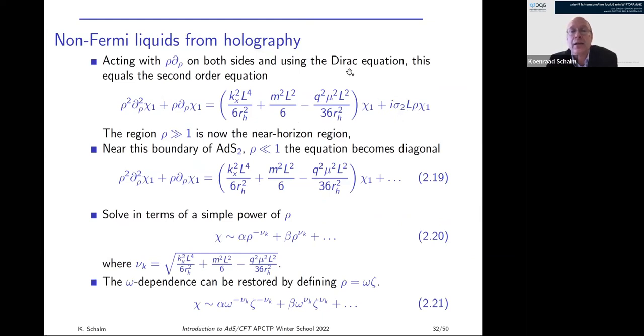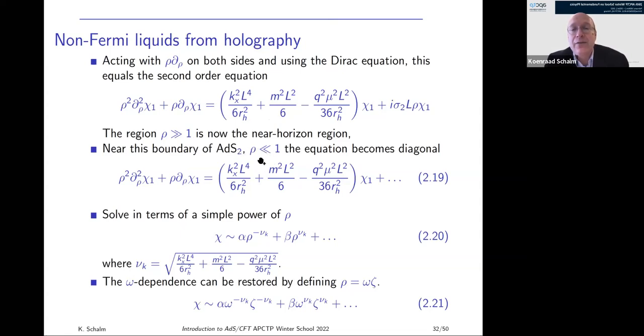All right, so I'm already in the near horizon region, but within the near horizon region, which is defined by this parameter rho, I'm going to again focus on the near horizon region, in other words, the deep part of ADS2. That is the region where this coordinate rho is very large.